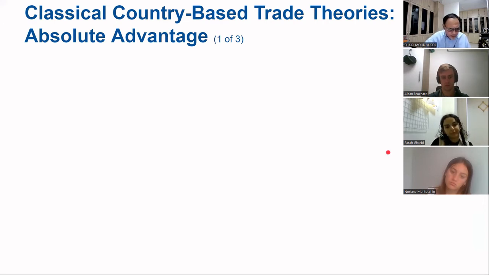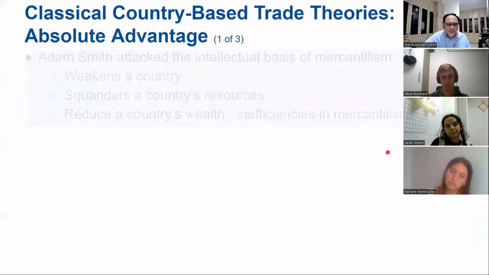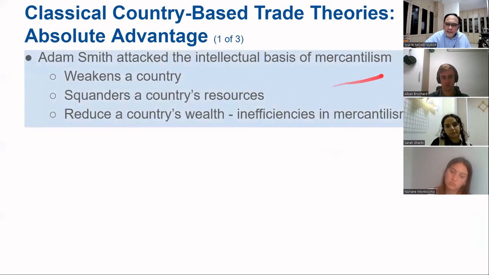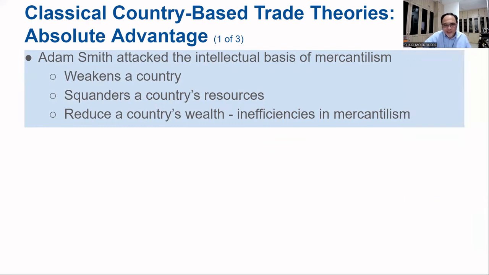This mercantilism was attacked by Adam Smith. Adam Smith attacked the intellectual basis of mercantilism. He argued that it weakens a country, it squanders a country's resources, and as I mentioned just now, it results in inefficiency.